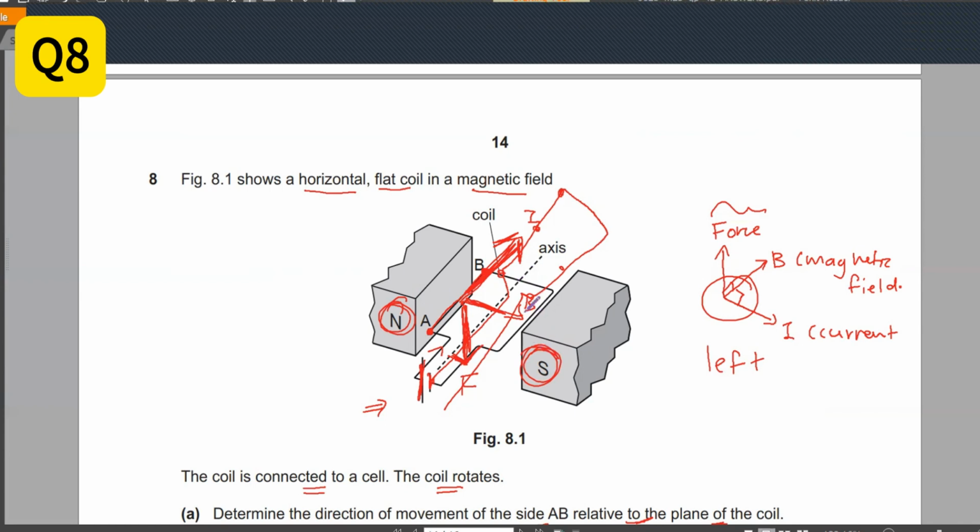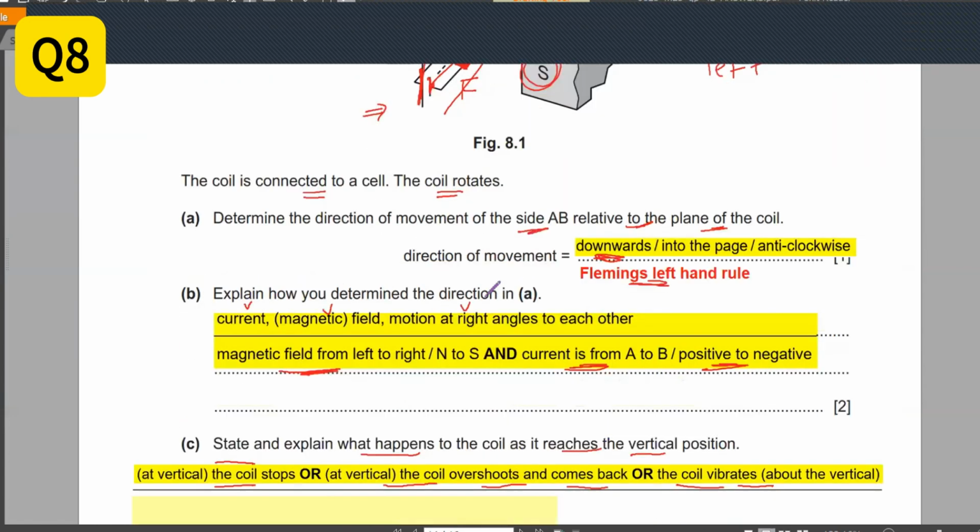When the magnetic field is reversed, the direction of the force will reverse.